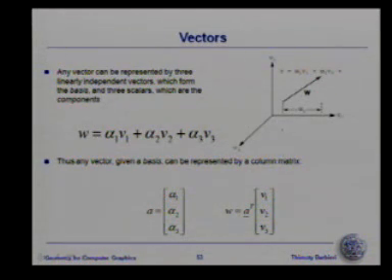In this case, v1, v2, v3. It really means that the complete definition of this vector is always made up by its coordinates, alpha 1, alpha 2, alpha 3, against a specific basis, v1, v2, v3.